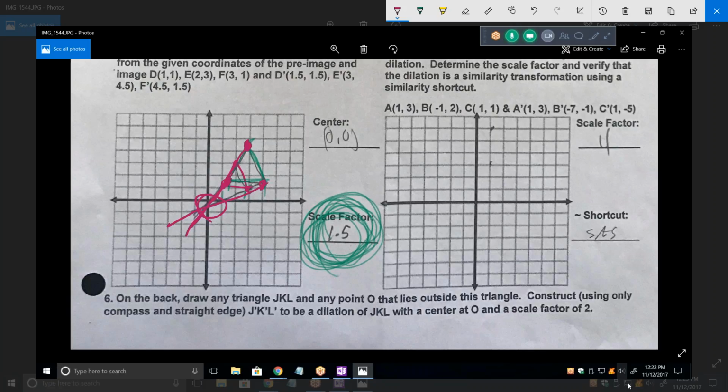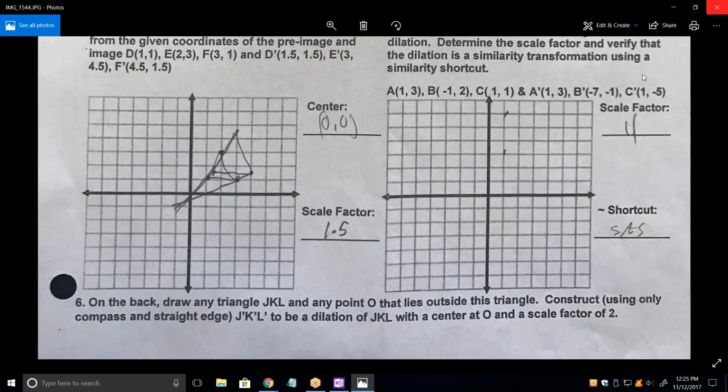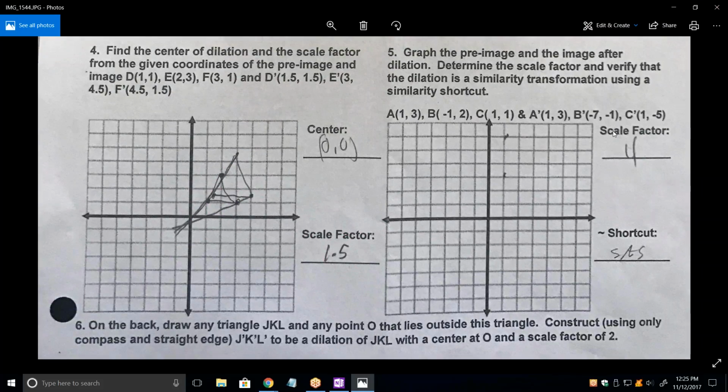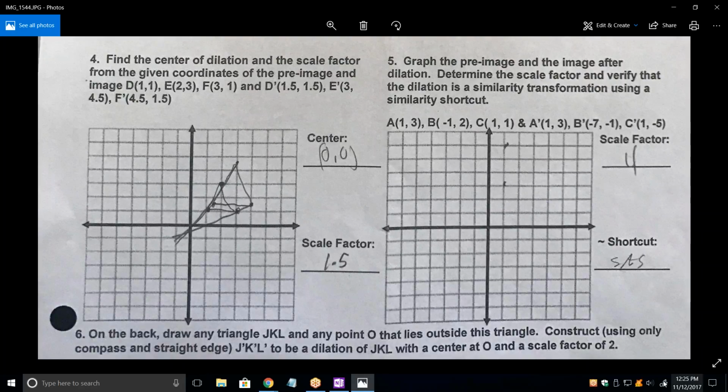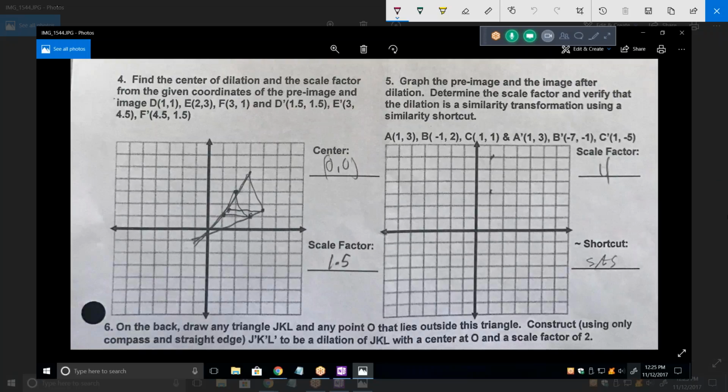All right, let's look at this next one. Hold on a minute. Let me get all of the directions. All right, let's start with the image.